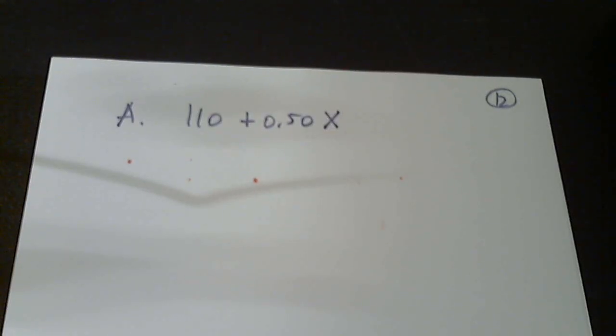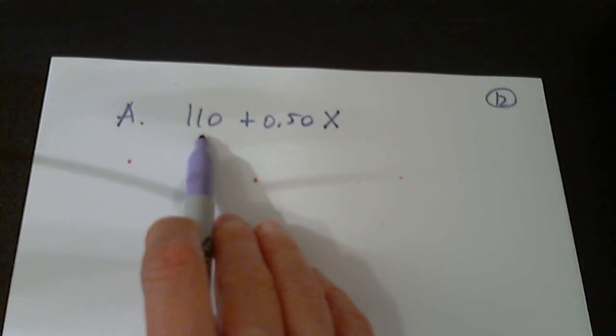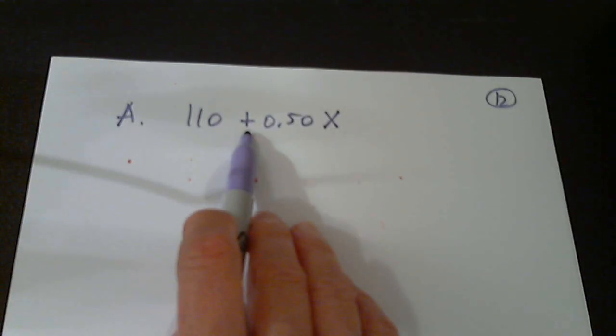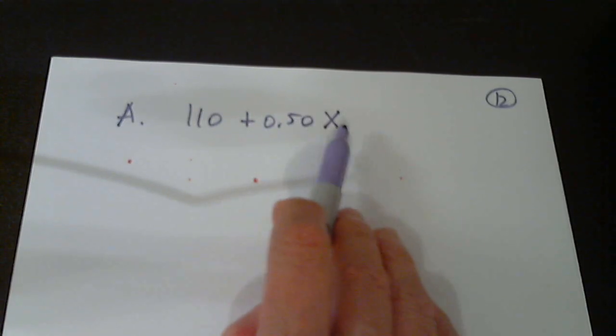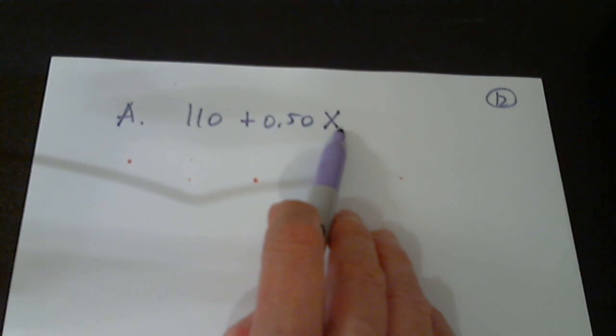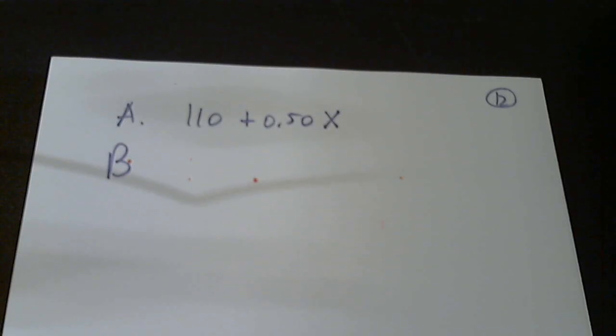Let's stop for a moment before we continue. $110 per day plus 50 cents times the number of miles we drive. And now let's see plan B or the other truck company. Company B charges $30 a day plus 60 cents per mile.